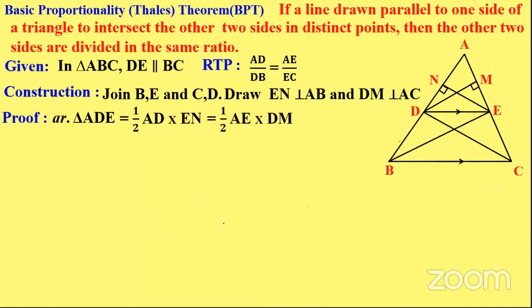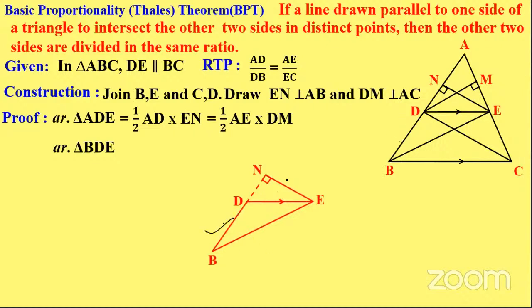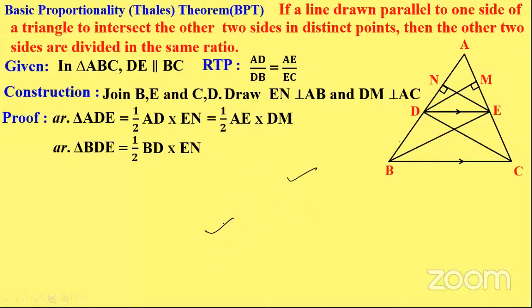Now switch over to the area of triangle BDE. In triangle BDE, BD is the base, and its corresponding altitude is this. Half into base into height, BD into EN. Now I am taking the other triangle CDE.